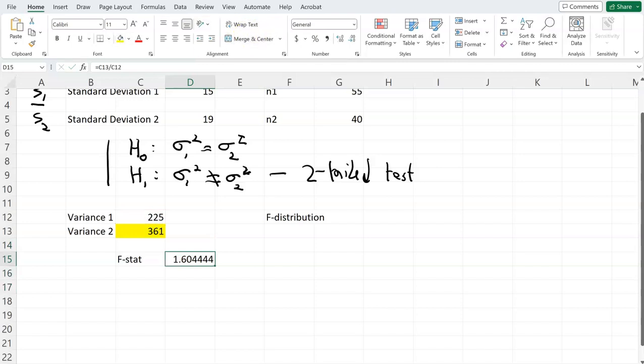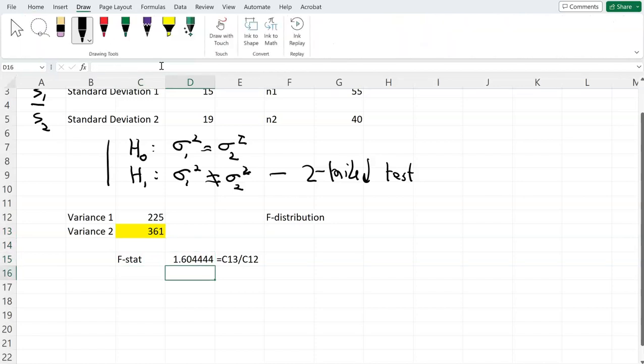Now if you notice that F stat, at least a couple of things to notice. In this example, F stat will be greater than 1, and that is mainly because the larger variance is going to be in the numerator and the smaller variance is going to be in the denominator.